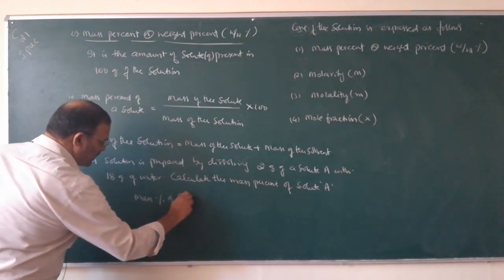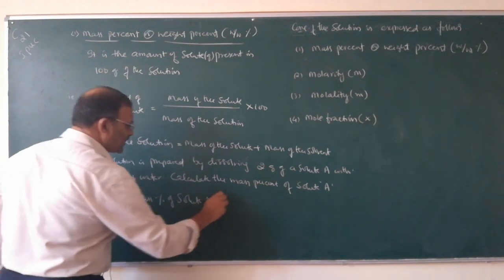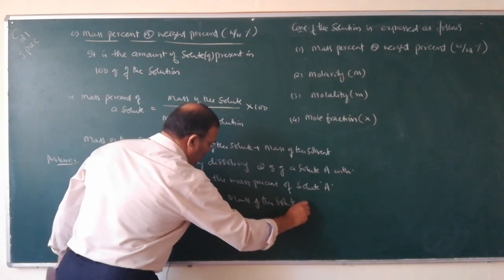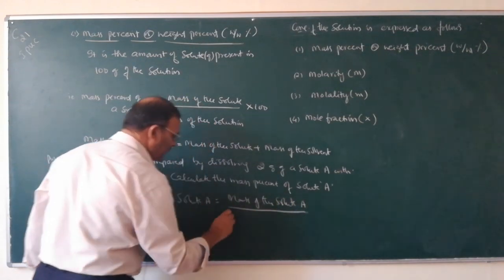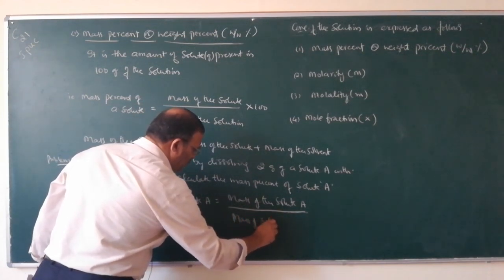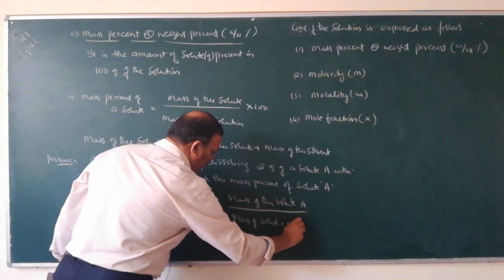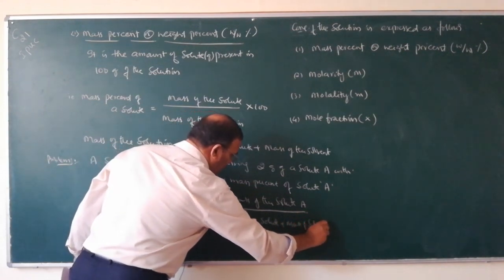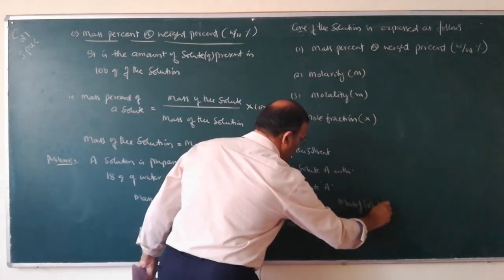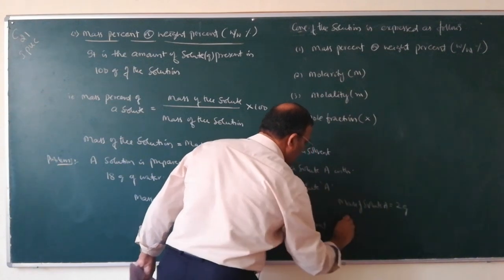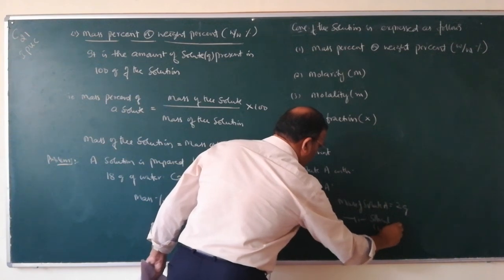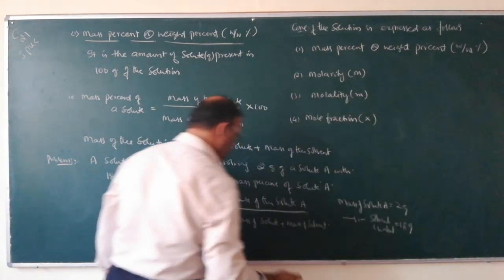Mass percent of solute A equals mass of the solute A divided by mass of solute plus mass of solvent, into 100. Here mass of solute A equals 2 grams, mass of solvent, here water, equals 18 gram.